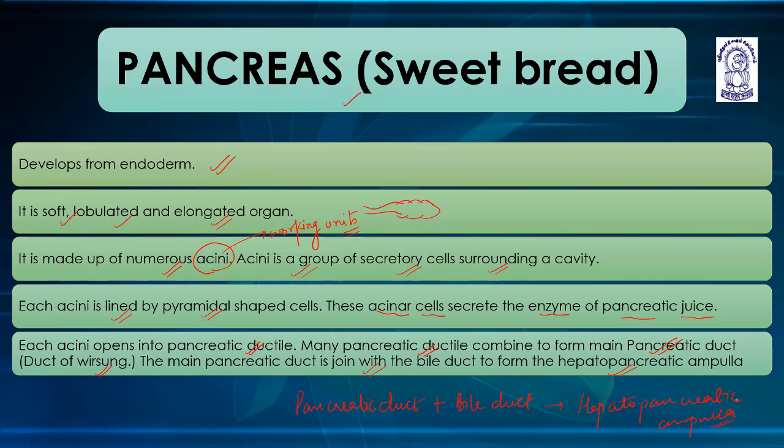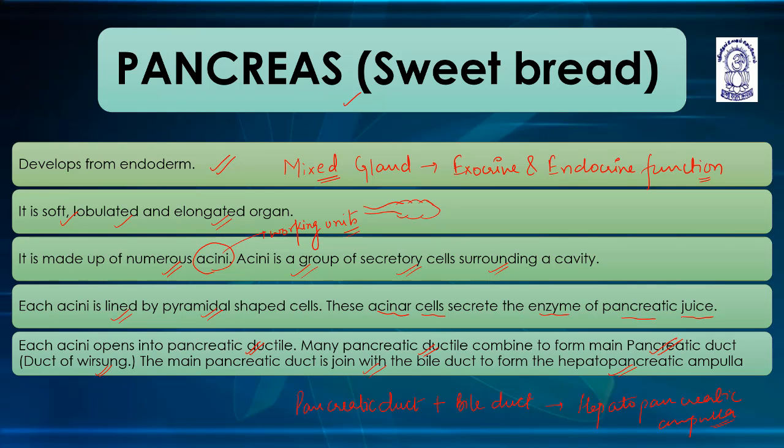Now, this is a mixed gland. It works as both exocrine and endocrine in function. Understood?